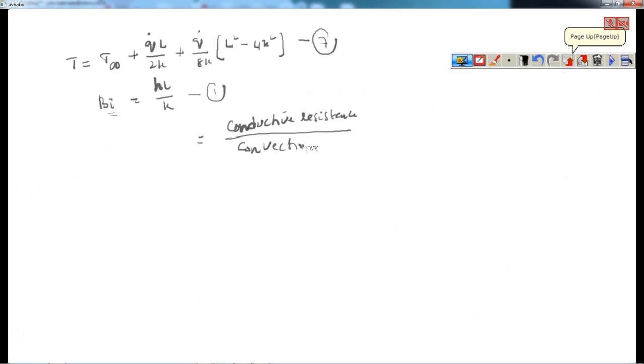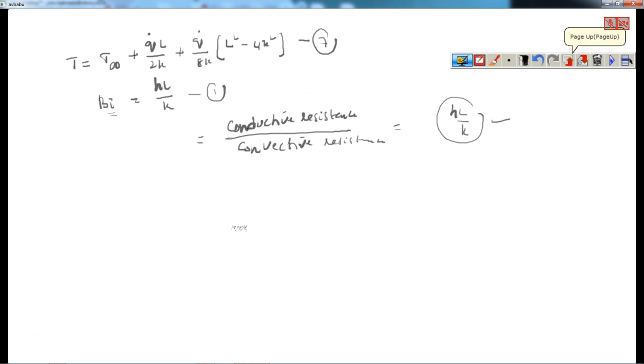Conductive resistance is L by K, and convective resistance is 1 by H, so the ratio is HL by K. Or simply, it is the ratio of conductive to convective resistance of a slab, defined by HL by K. Once you know this, the Biot number is equal to conductive resistance by convective resistance.